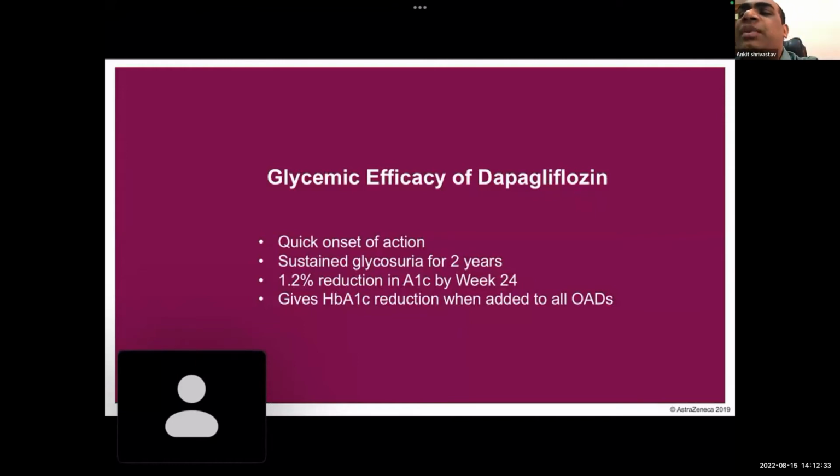If you look at the glycemic efficacy of dapagliflozin, there is quick onset of action, sustained glycosuria for 2 years, and 1.2% reduction in HbA1c by week 24. It gives HbA1c reduction when added to all OADs.